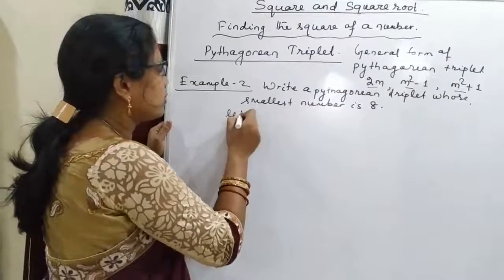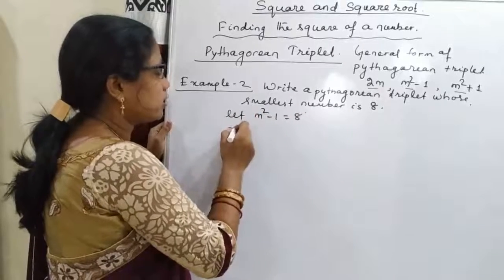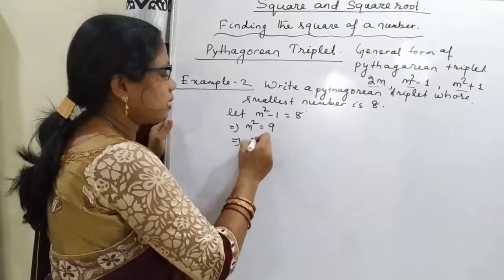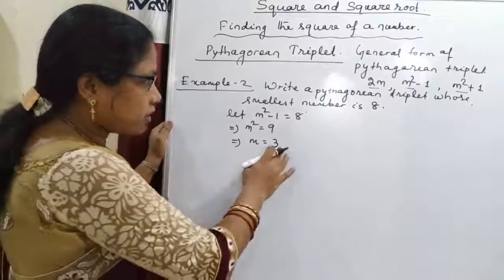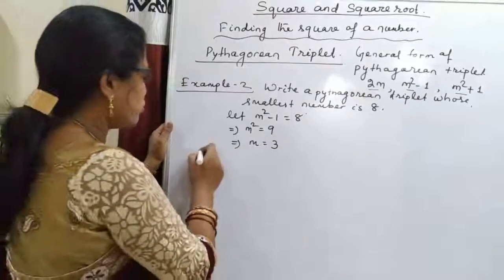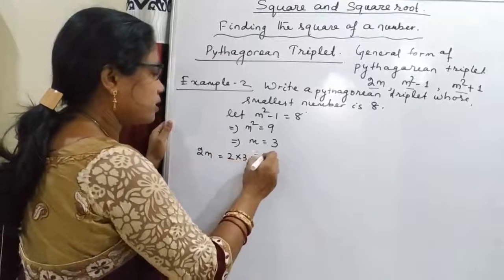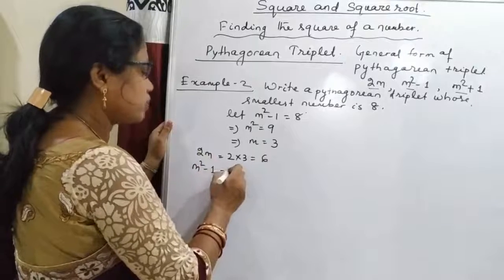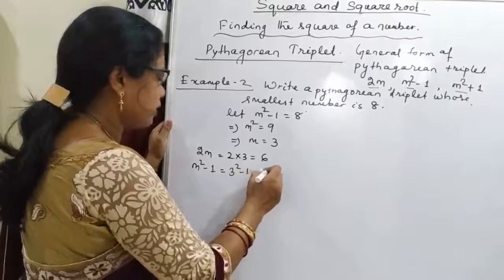So let m square minus 1 be equal to 8. This implies m square is equal to 9, or m is equal to 3. If m is equal to 3, then we can find the 3 numbers. 2m is equal to 2 multiplied by 3, that is 6. m square minus 1 is equal to 3 square minus 1, that is 8.